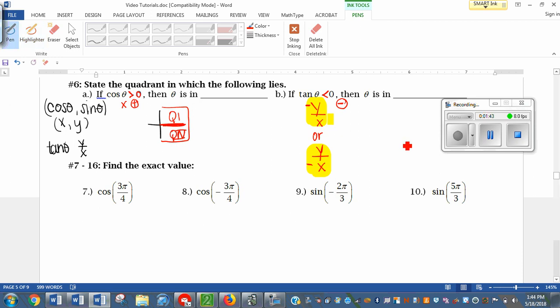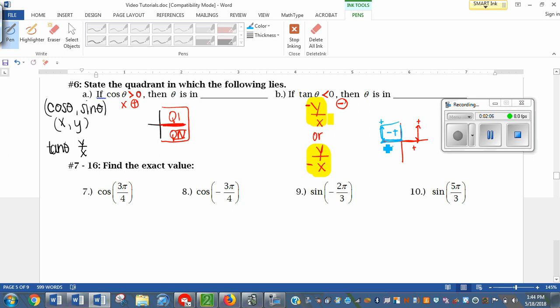Alright, so if we are thinking of our quadrants, in quadrant 1 you're going to the right and up, so they're both positive. In quadrant 2, you're going left and then up, so in this one we would have a negative x with a positive y.